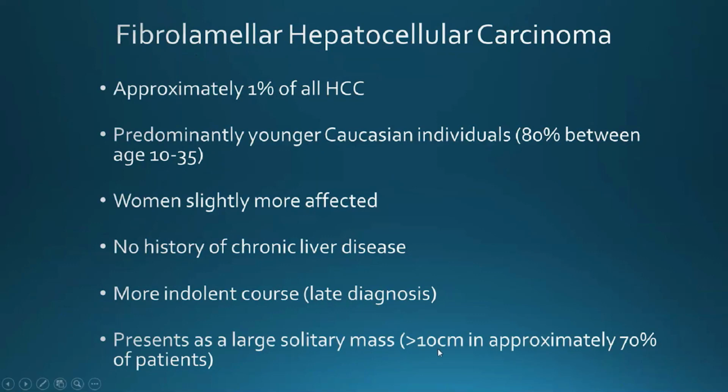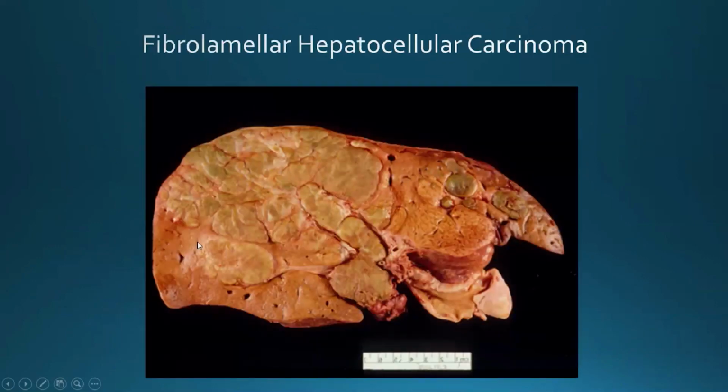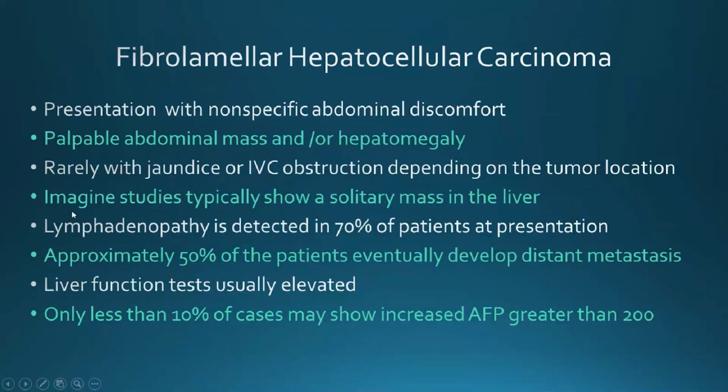When you examine these patients, sometimes the mass is more than 10 centimeters in 70% of the patients, which is a very big mass of cancer in a non-cirrhotic liver. So usually these patients present with non-specific abdominal discomfort. There is a palpable abdominal mass in a fair number of these patients, or there is hepatomegaly.